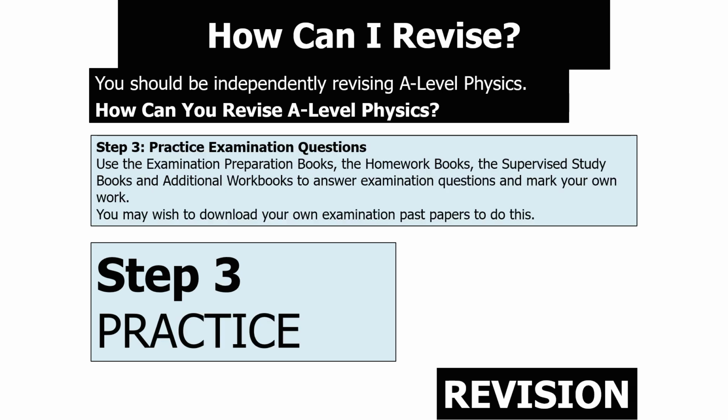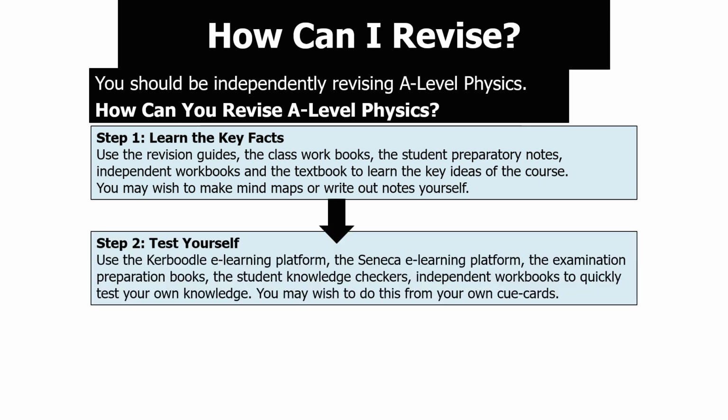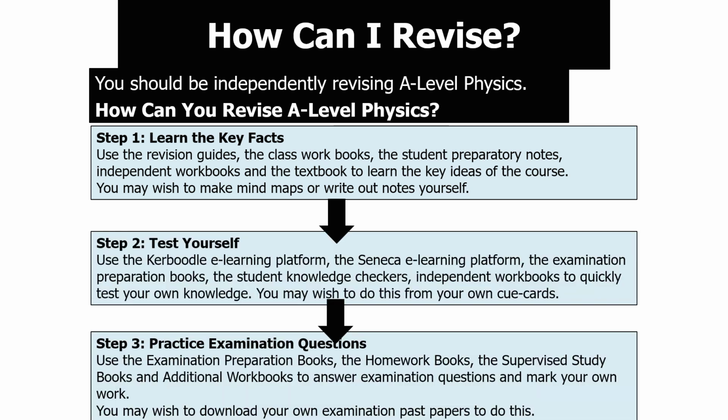Then finally, practice exam style questions. Use exam prep books, homework books, supervised study books, additional workbooks to answer questions and mark your own work, and you may wish to download your own exam past papers to do this. So the 3 steps of learning the key facts, testing yourself and practicing exam style questions are how you should be revising for A-Level Physics.